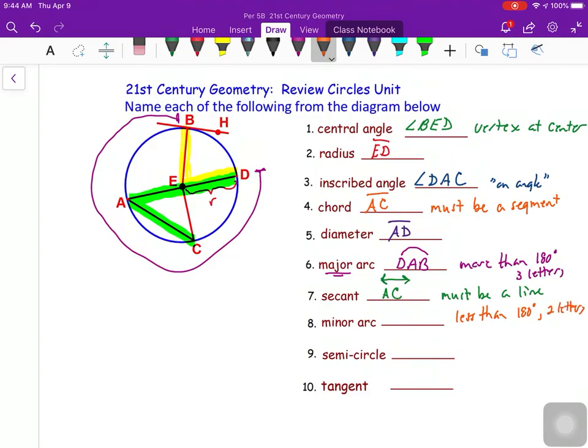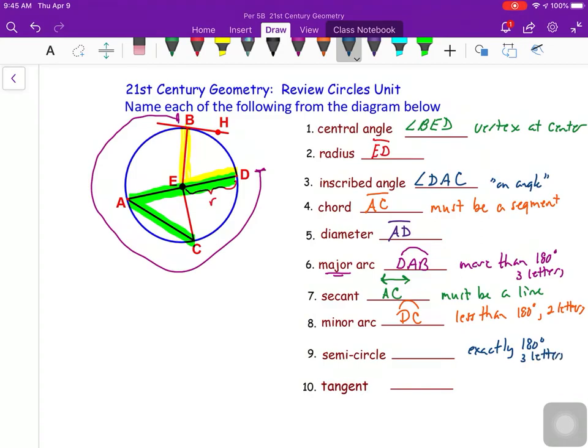A minor arc. A minor arc must be less than 180. And we use 2 letters. So DC with the arc symbol.